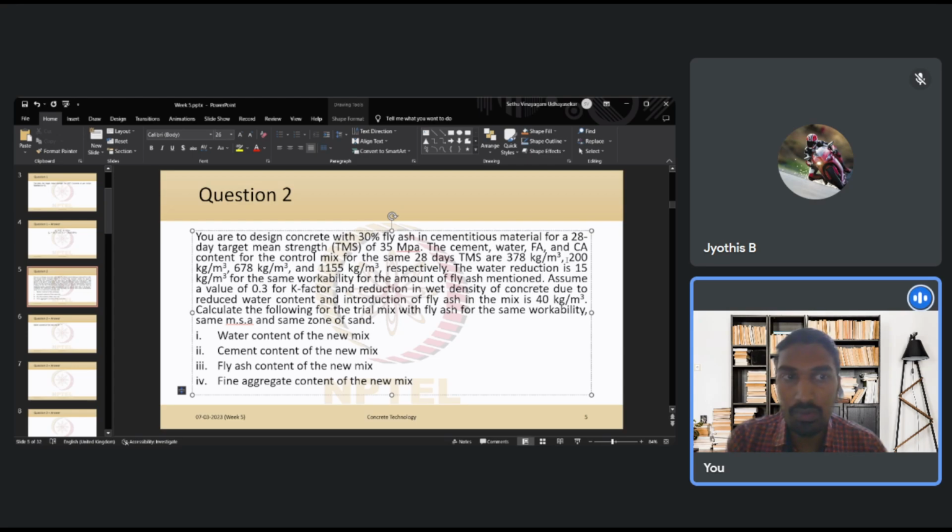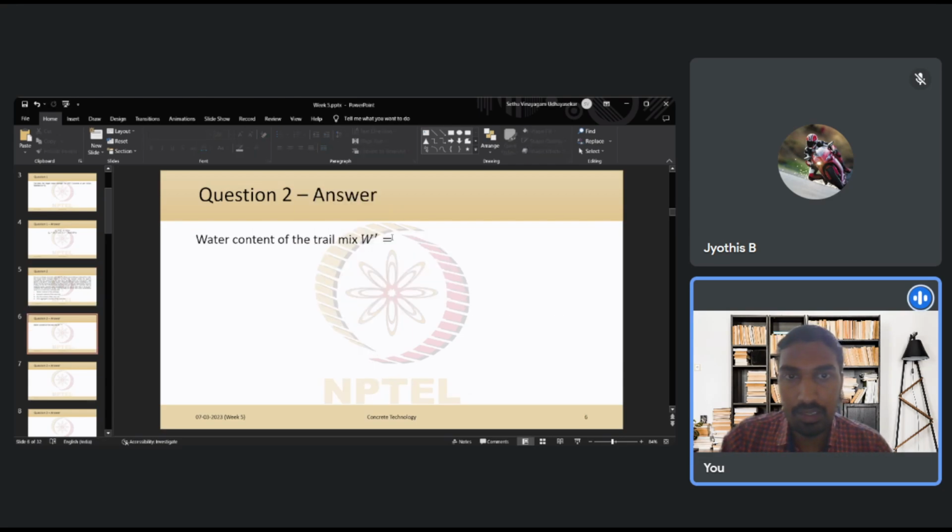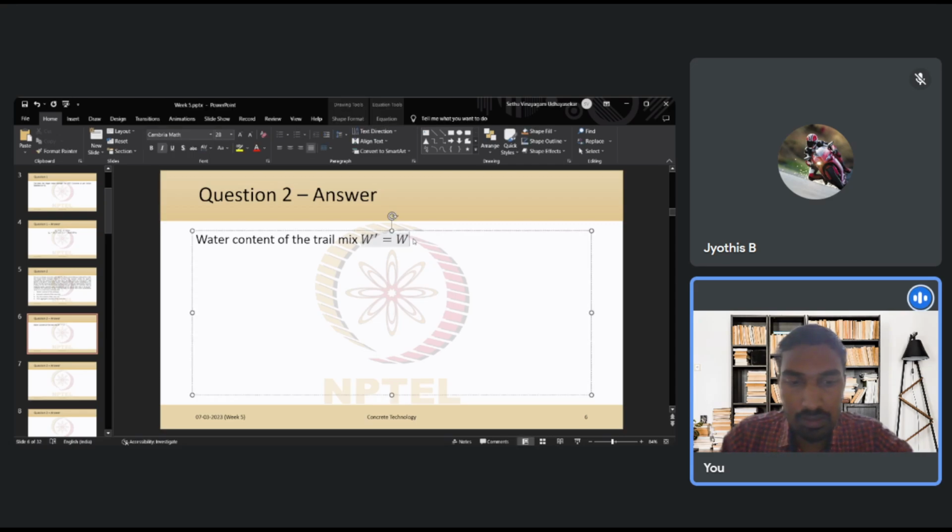All we have to do is reduce this 15 kilogram per meter cube from the given water content for the control mix, then we will know the water content for the trial mix. So it is W, the water content for the control mix, minus delta W, the reduction in the water content. So 200 minus 15, it will be 185 kilogram per meter cube.